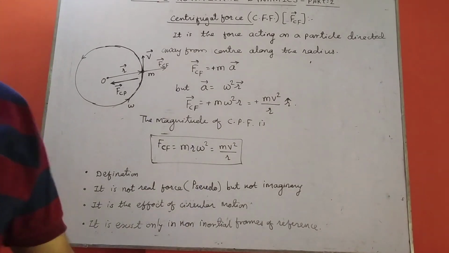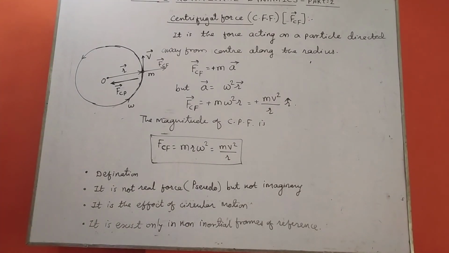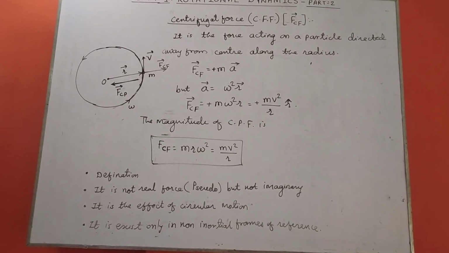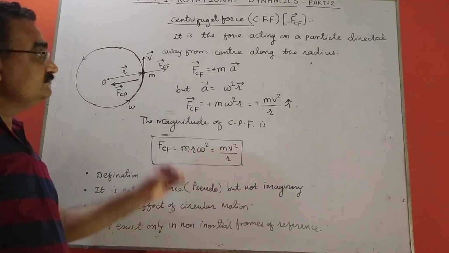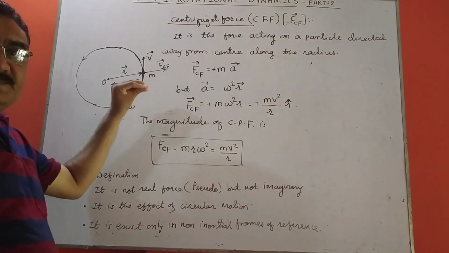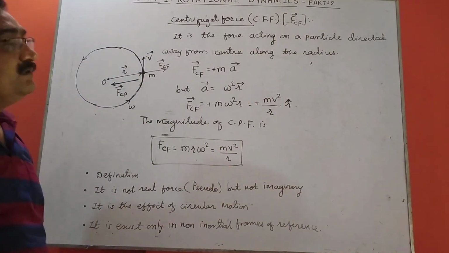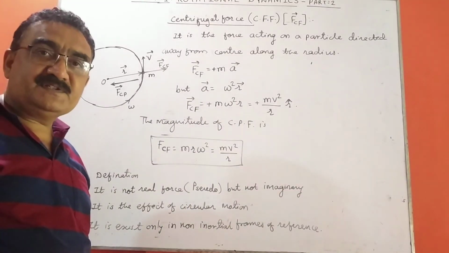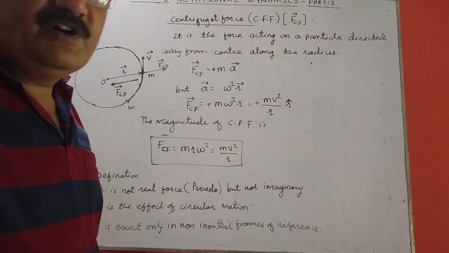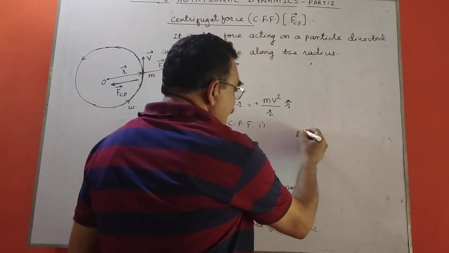Okay, these are the main factors which are required for circular motion as well as uniform circular motion. There is another, non-uniform circular motion.